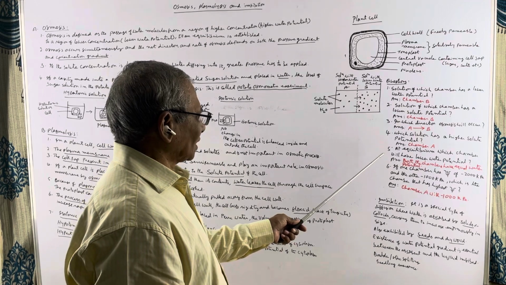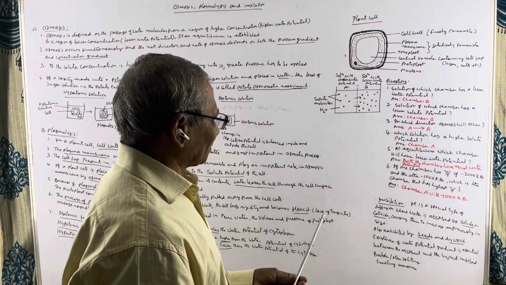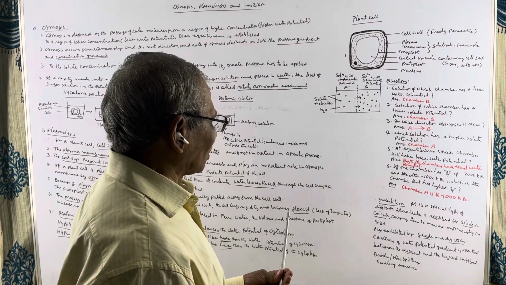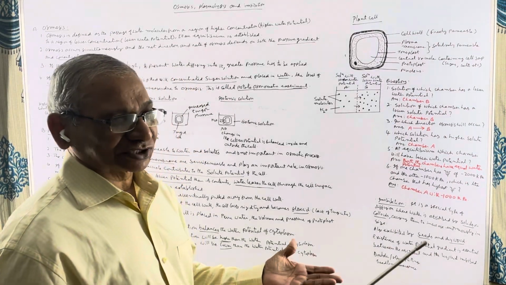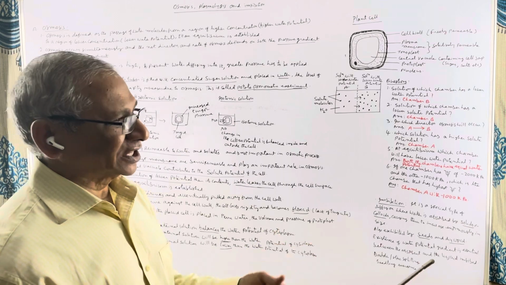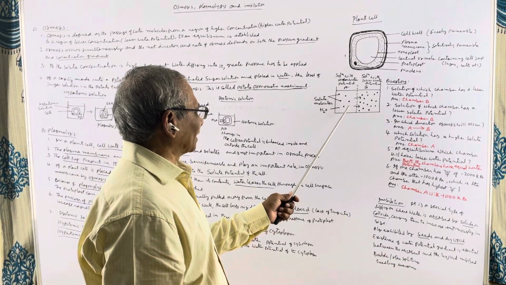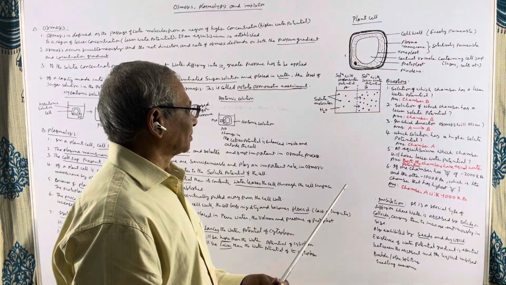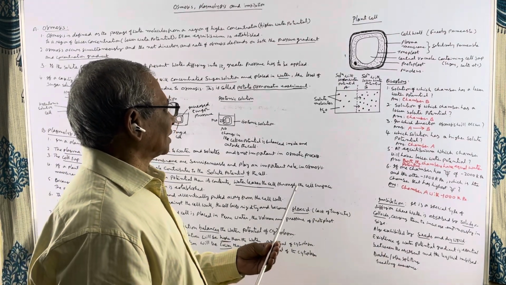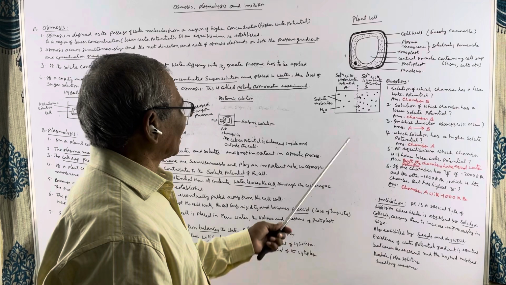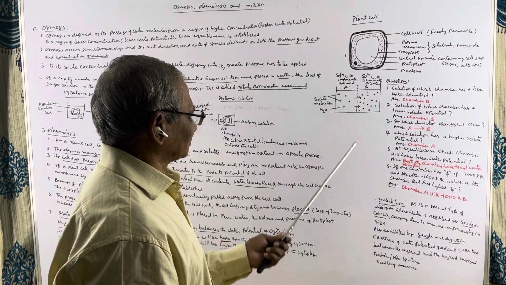Then, fifth question. At equilibrium, which chamber will have lower water potential? When an equilibrium is established, there will be no difference in the water potential of chamber A and chamber B, because the osmotic pressure or the water potential is the same in both chambers.